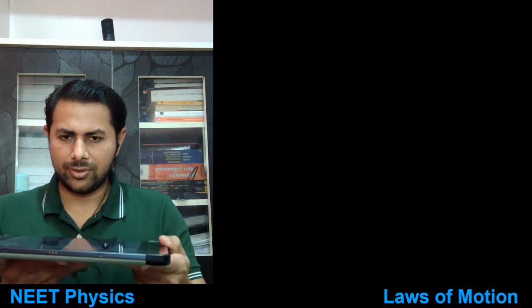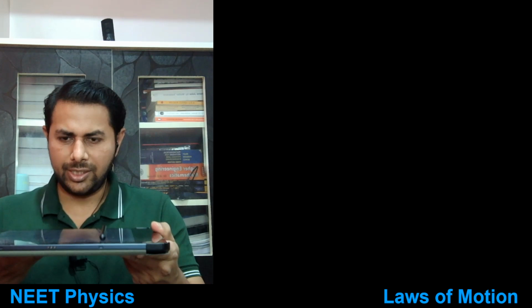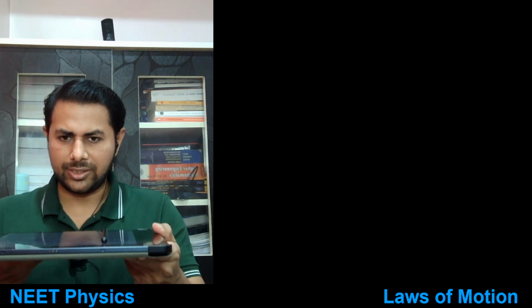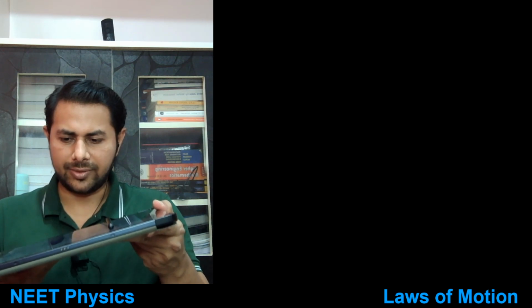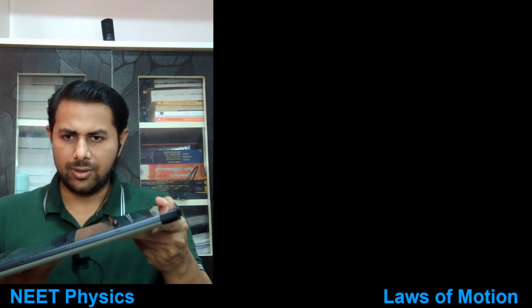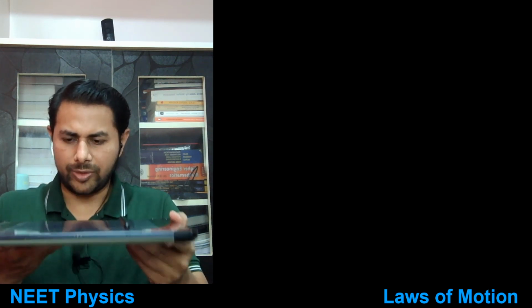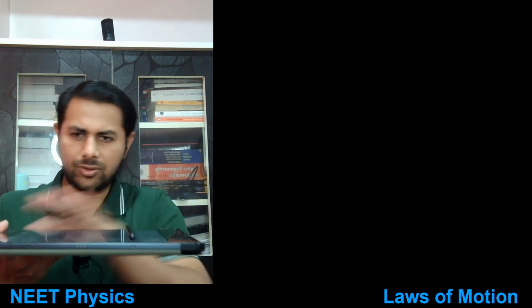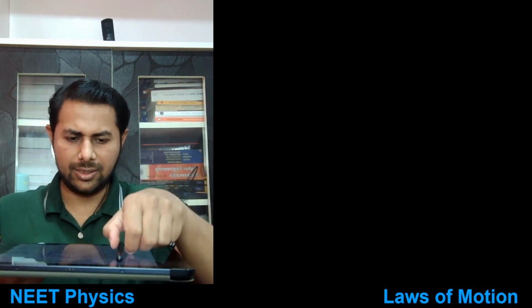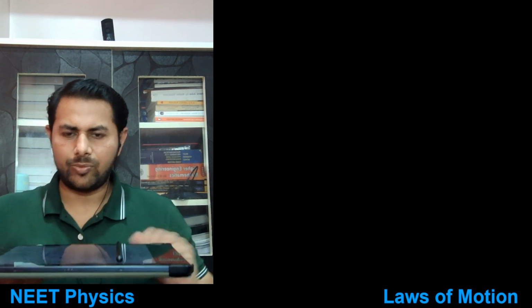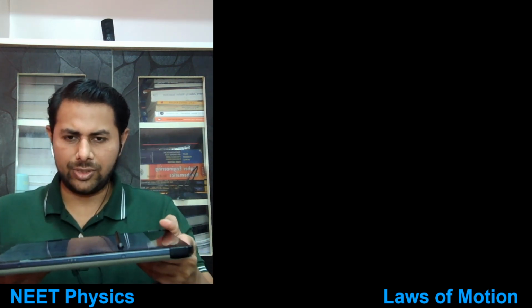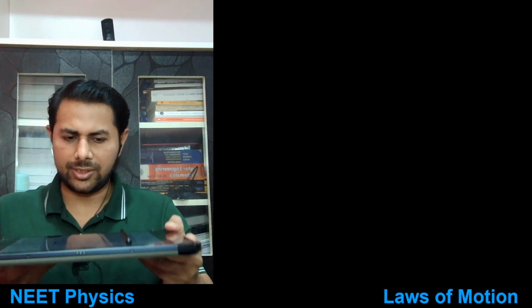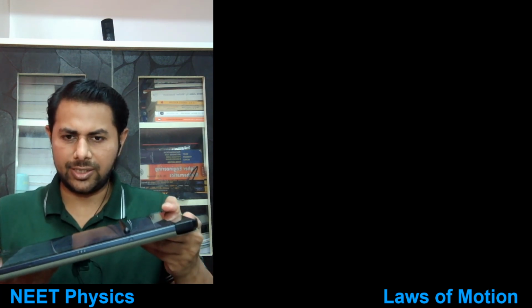Initially it is horizontal, and you can change the incline. So there is a wooden plank, and you keep some body on top of that. Then you change the inclination. Initially it is horizontal, and you increase the inclination.